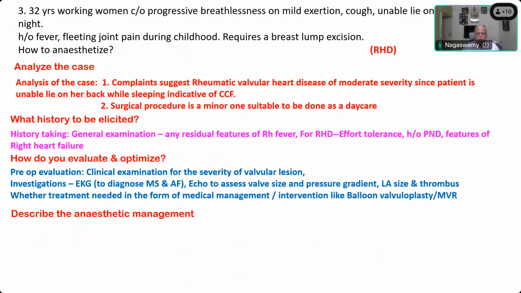But the more important complication is you can precipitate a pulmonary edema because the left atrium is not emptying properly into the left ventricle. So the blood stays more in the left atrium. There is a back pressure on the pulmonary veins, and this pressure will be transmitted to the pulmonary capillary circulation and then to the pulmonary artery.